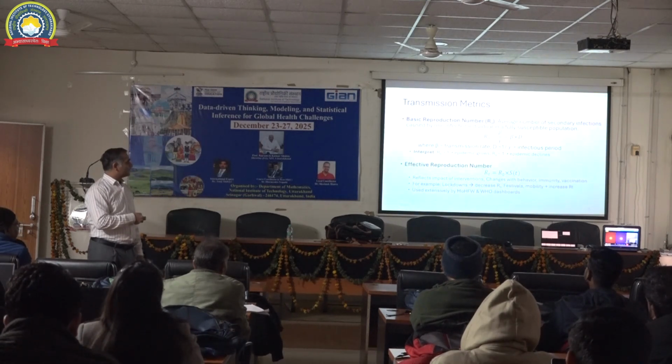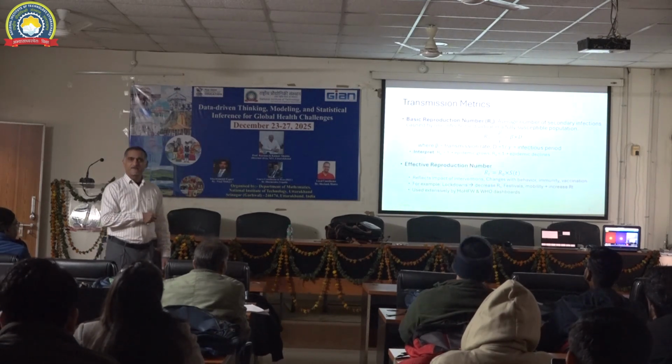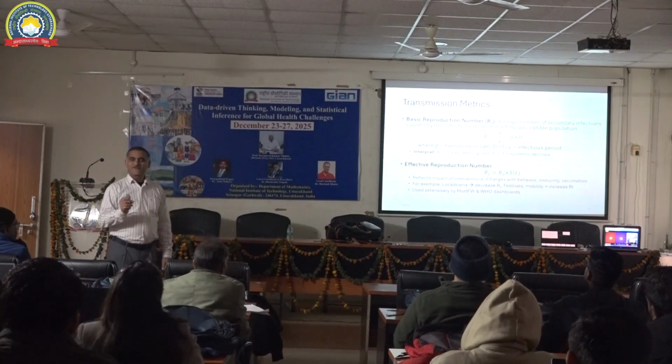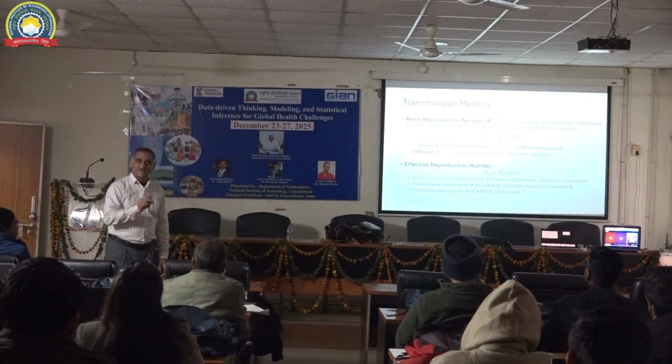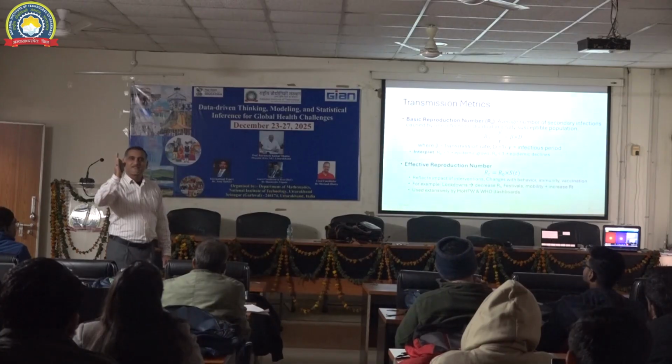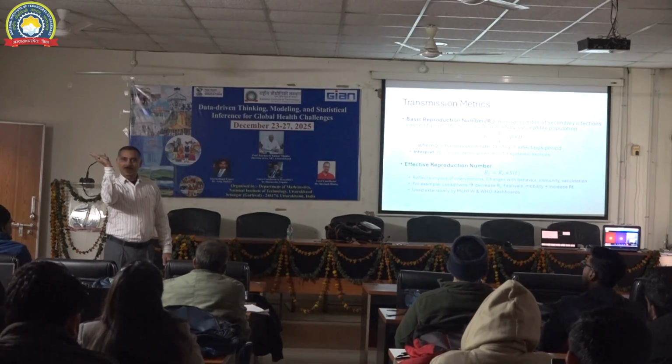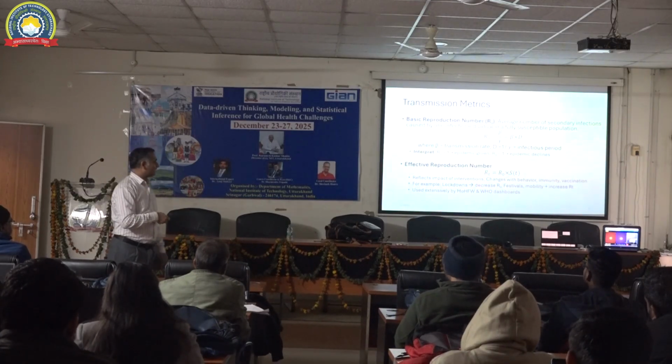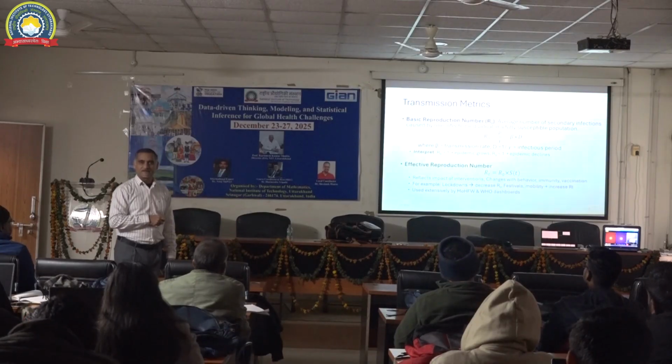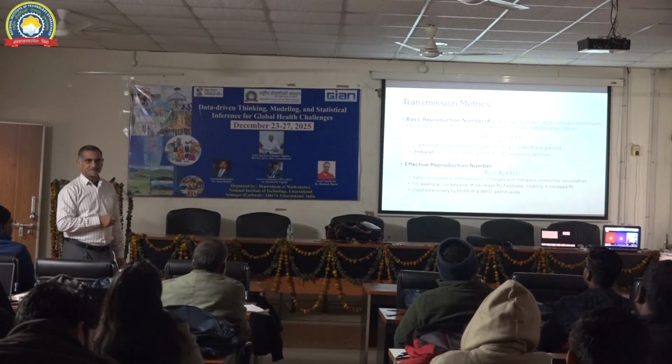So where do you use R0 then? R0 is used initially when the outbreak is exponentially growing. But as soon as exponential growth takes a turn, it is not exponential anymore, then you should use Rt, our effective reproduction number.